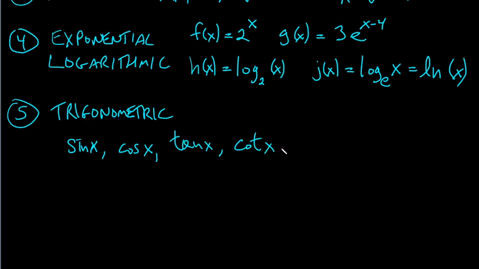Cotangent of x is cosine over sine, or just 1 over tangent. Secant of x is 1 over cosine of x, and cosecant of x is 1 over sine of x. Okay, so these are going to come up again and again.